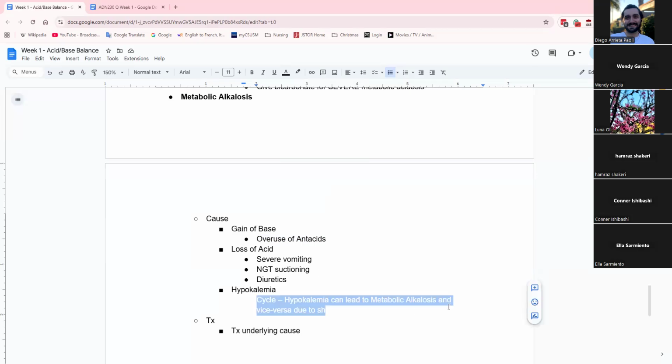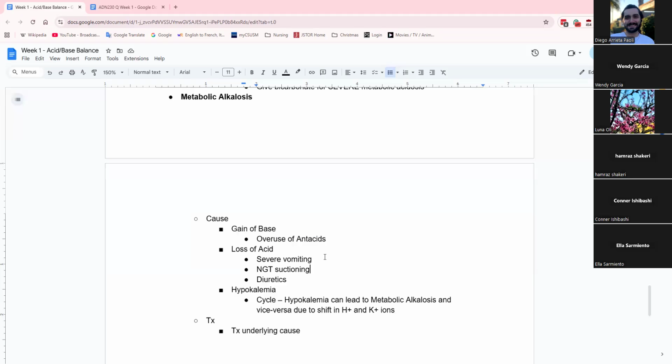And then for here, this is kind of the reverse of acidosis here, in that you have a vice versa, where having a low amount of potassium can cause metabolic alkalosis due to the shift. Basically, the exact same shift, just in the opposite direction.